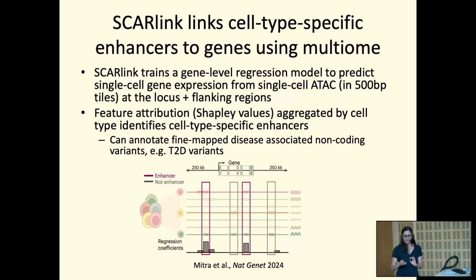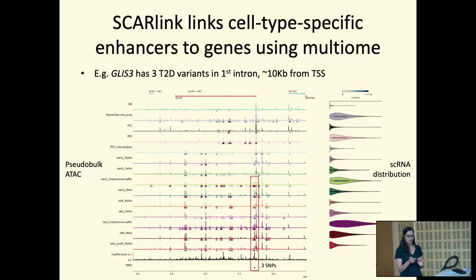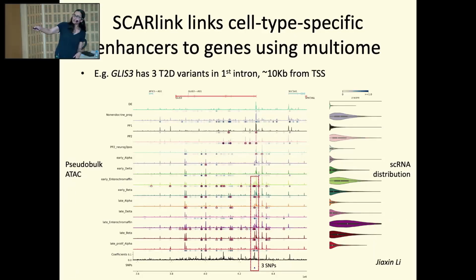Okay, everyone with me? So here's just an example of that, okay? All right, so the regression model's at the bottom. We're modeling a particular gene called GLIS3, another diabetes gene. The gene is in red, going this way.